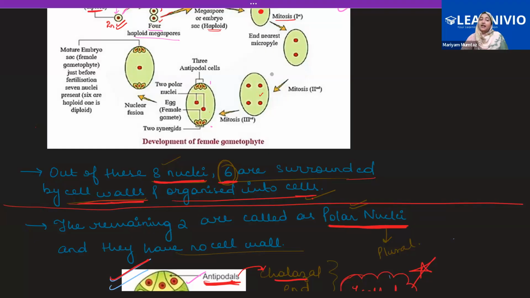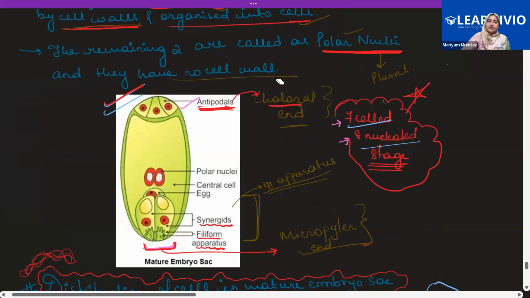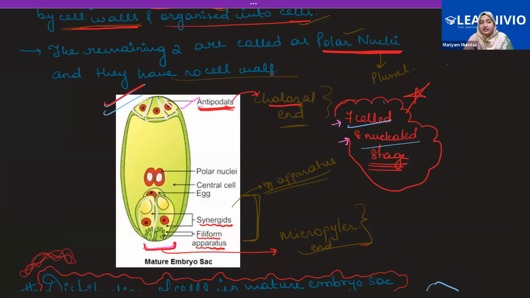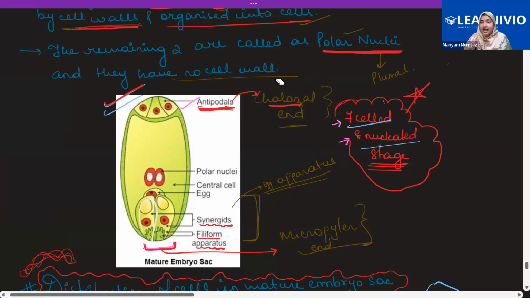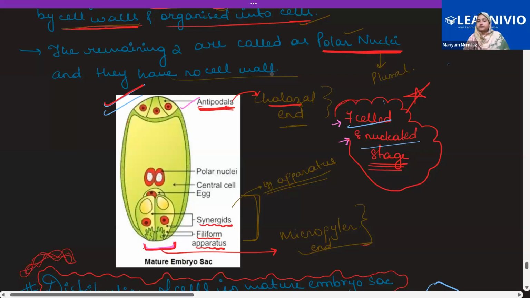The other two are present right in the middle as polar nuclei. See, in the middle, this is the polar nuclei. They are not surrounded by any cell wall, whereas all of these have walls present. The red circles that you see are the nuclei, and the lines surrounding them are the cell wall. Clear?